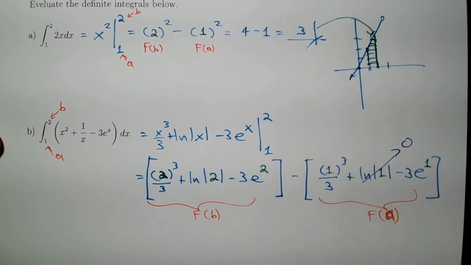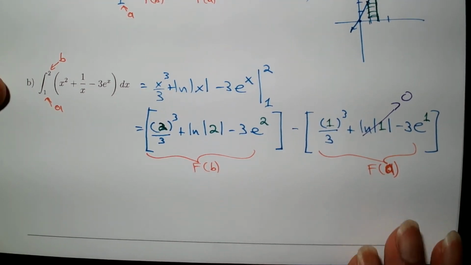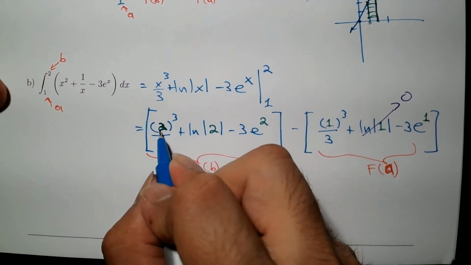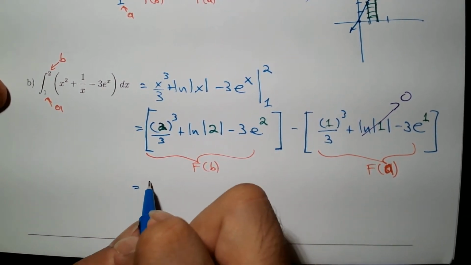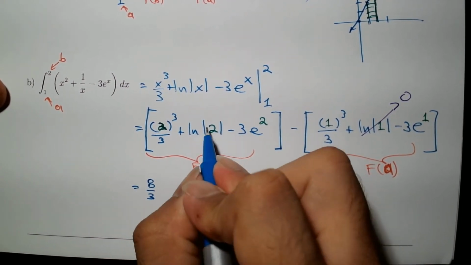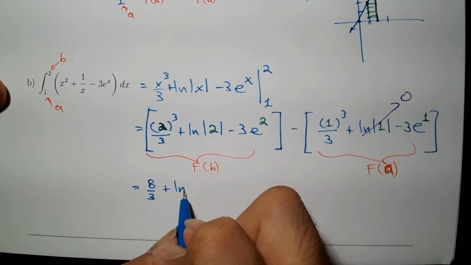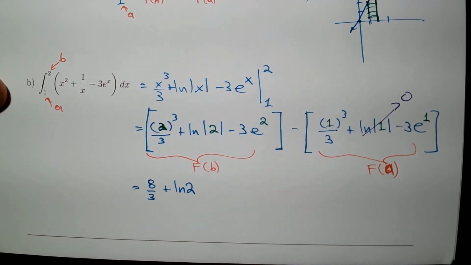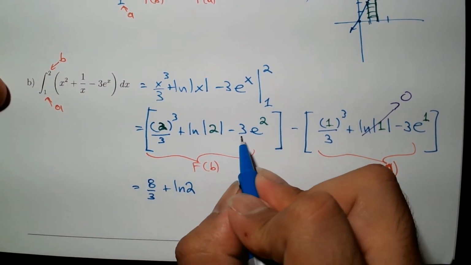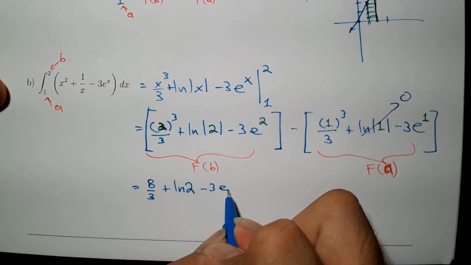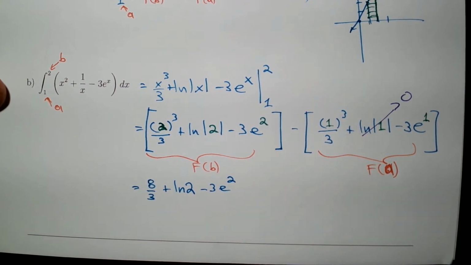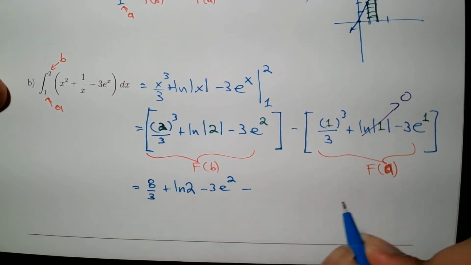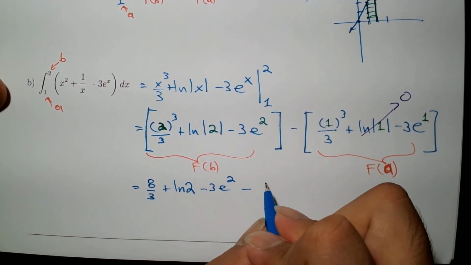Okay? So let's simplify this. In this case, we are going to cube the 2, so we get 8 thirds, ln of 2. That's simply ln of 2. No more absolute value bars because that's simply a number. That's just a constant. Minus 3e squared. And then minus, be careful here, that's going to be 1/3.